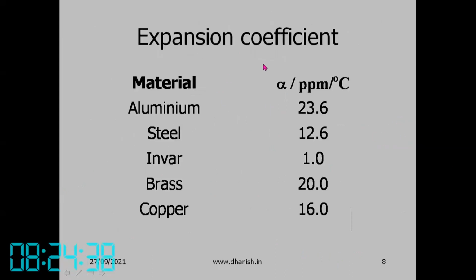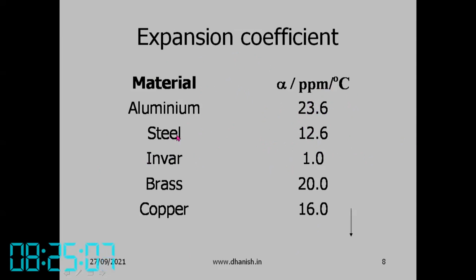The coefficient of thermal expansion near 20 degrees Celsius for different materials is given in the table below. For aluminum, it is 23.6 ppm per degree Celsius. Steel is 12.6, so the expansion of steel is approximately half that of aluminum.